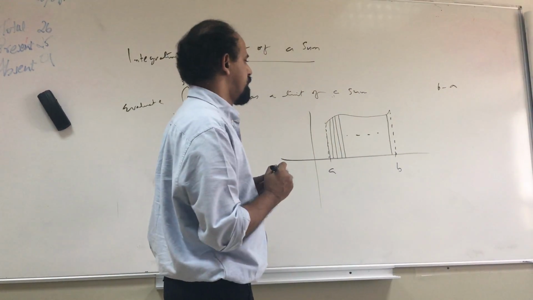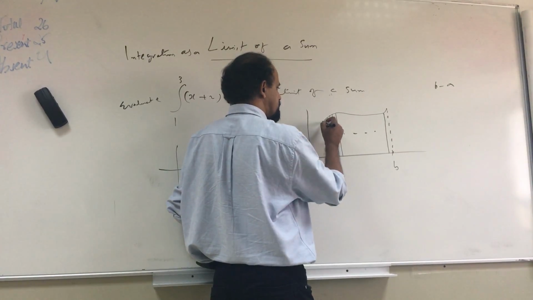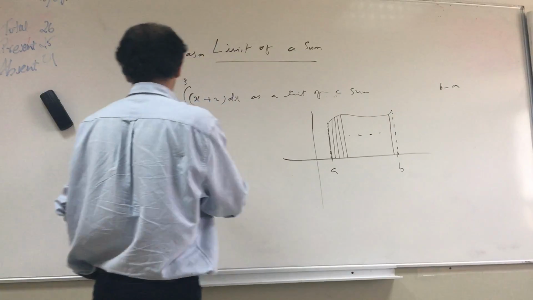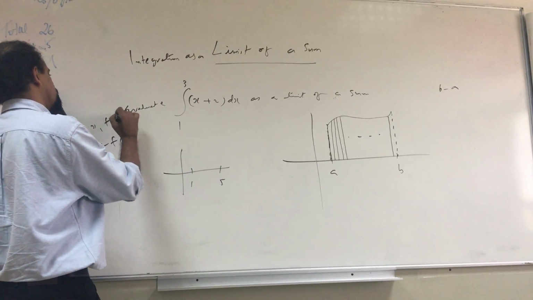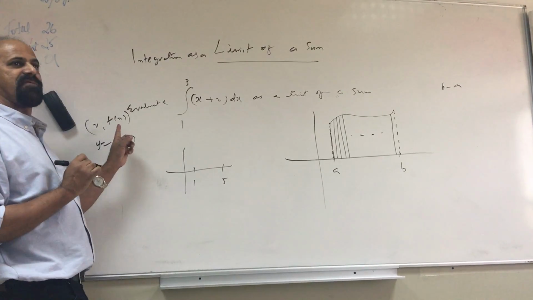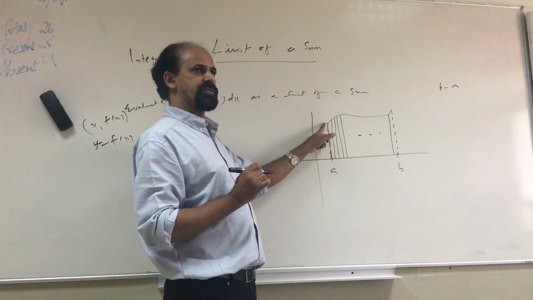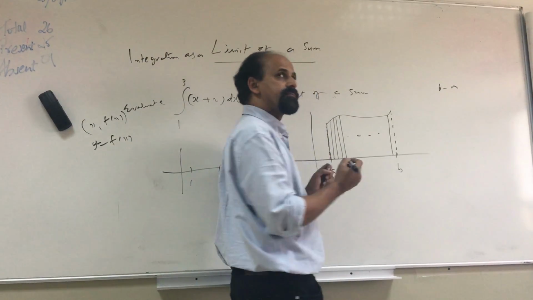And if this length is a, what is this length? f of a. Why do we call it f of x? Instead of x comma y, I can say x and f of x. Same way, at a this point will be f of a.